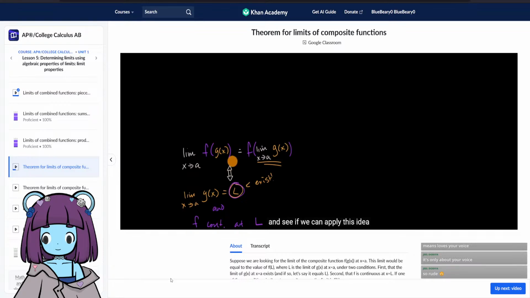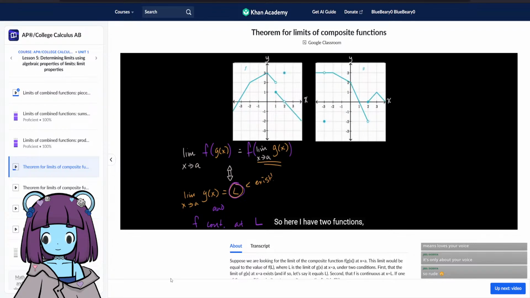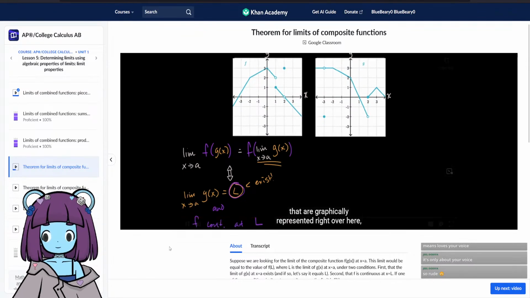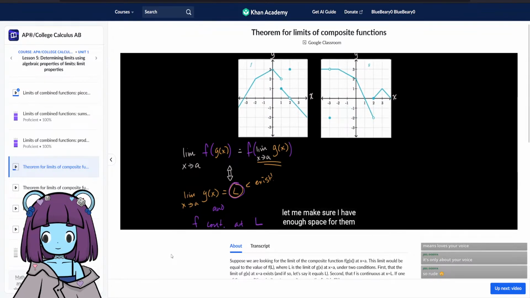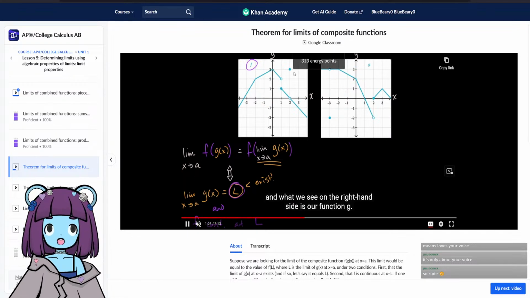So, some examples. Here I have two functions that are graphically represented right over here. So that's f and g.